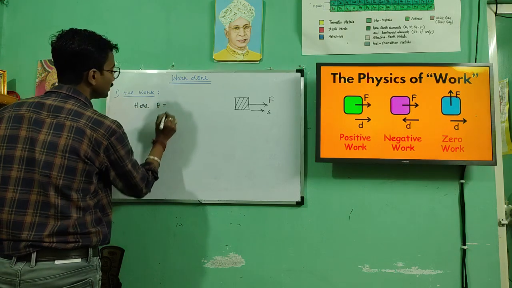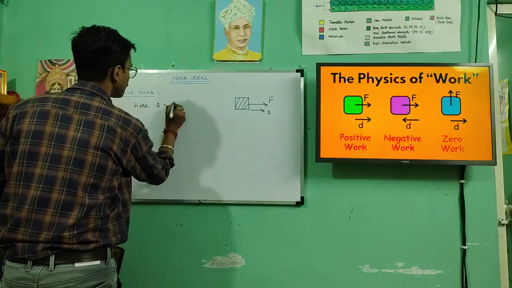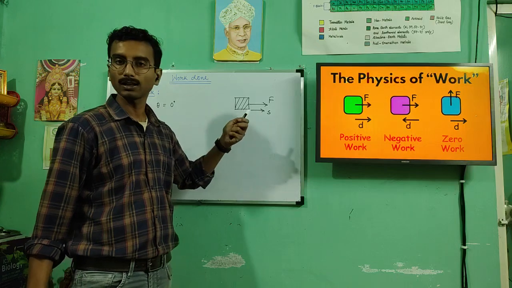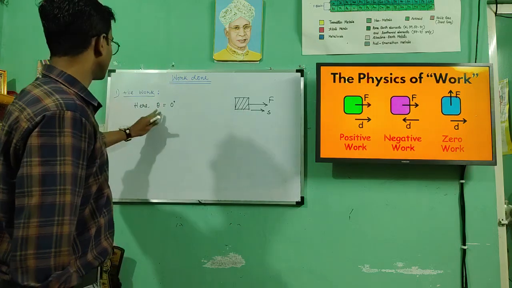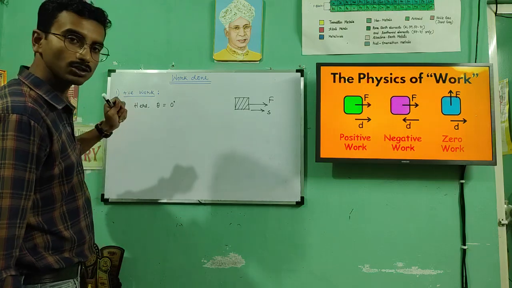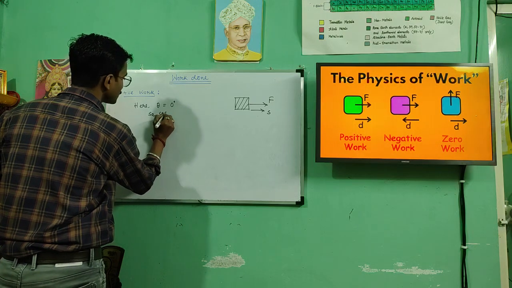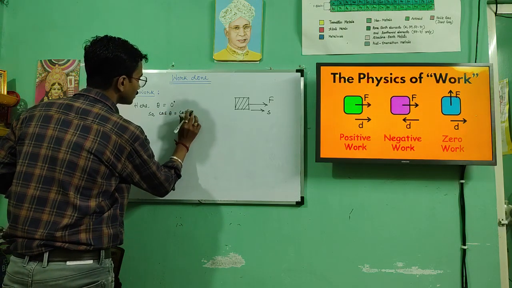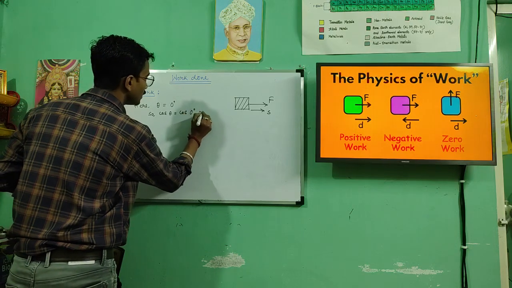Here the angle between the force and displacement is 0 degree. Why? As force and displacement are parallel, having the same direction. That's why theta, means the angle between force and displacement, is 0 degree. So cos theta equals to cos 0 degree equals to 1.